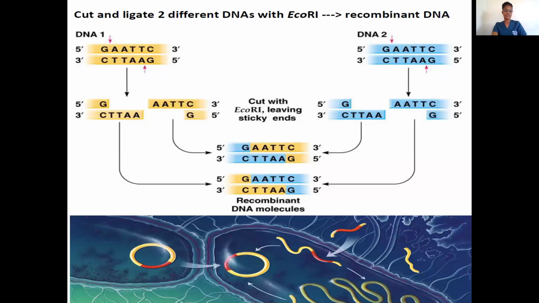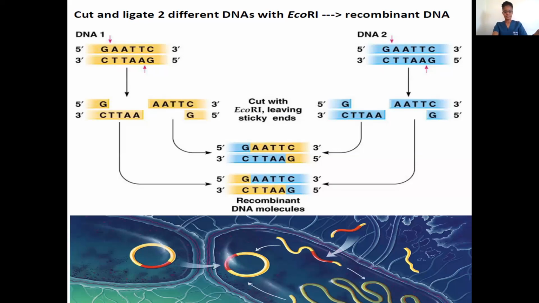An example of a restriction enzyme is EcoRI, which cleaves using this particular sequence. So once that is cut, we will join the two DNA materials, and then we will get them together using the ligase enzyme. And this results in a recombinant DNA molecule.